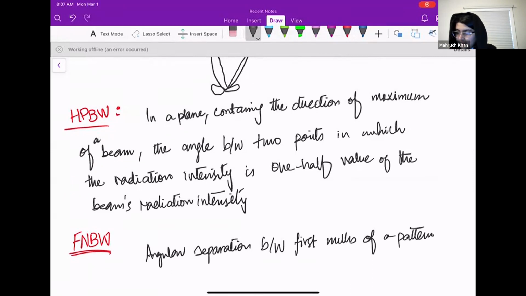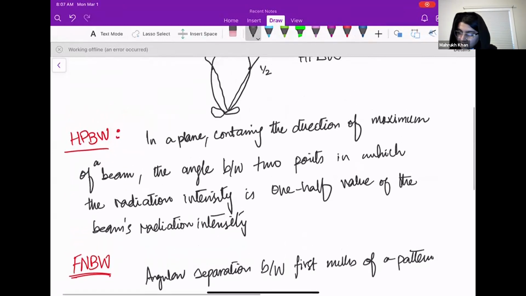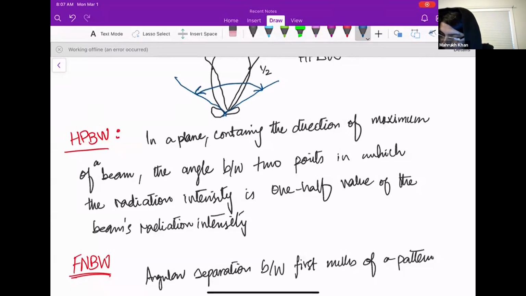So if in this pattern we talk about what is the first null beam width, this is your first null, so it will be this. Right? Okay.